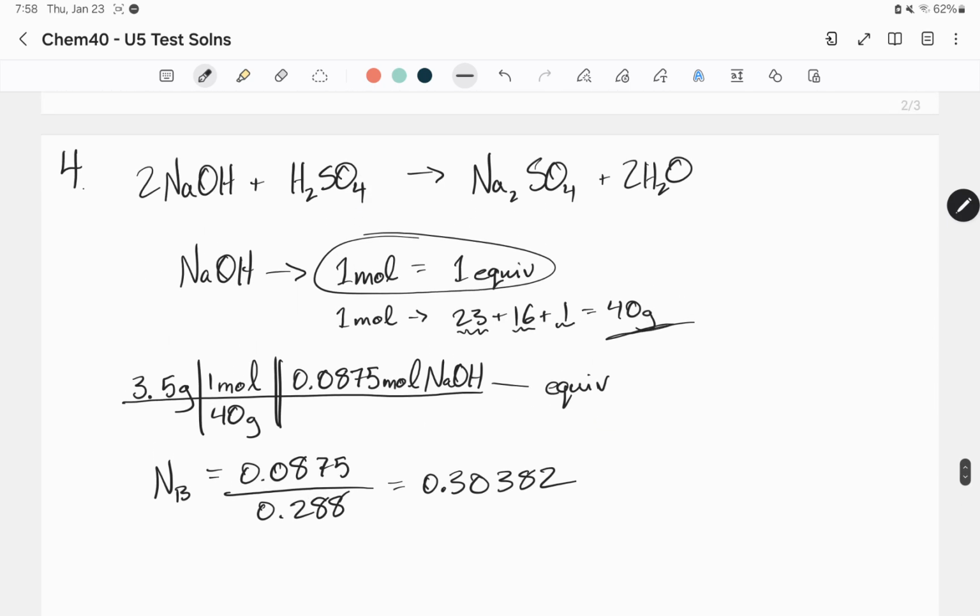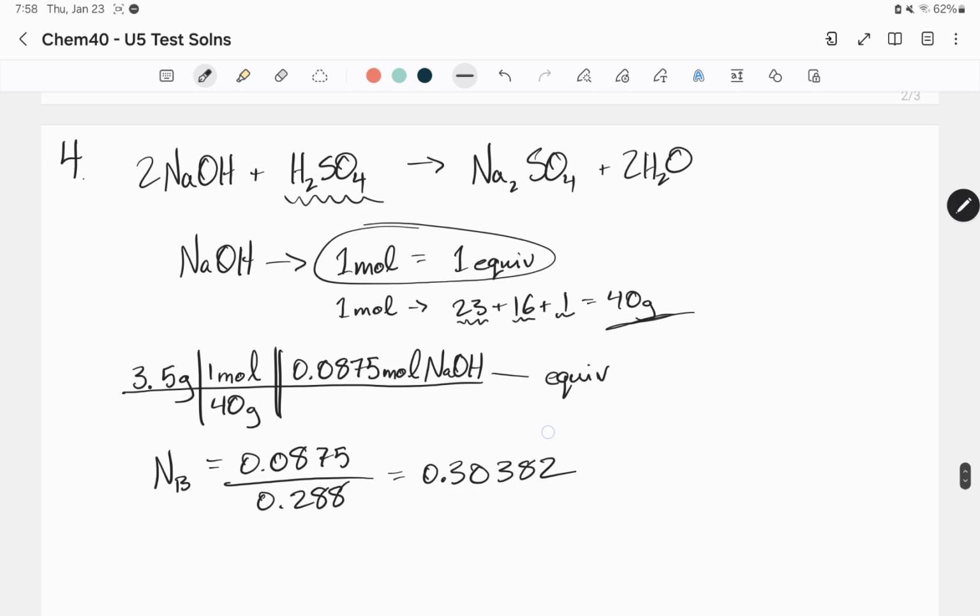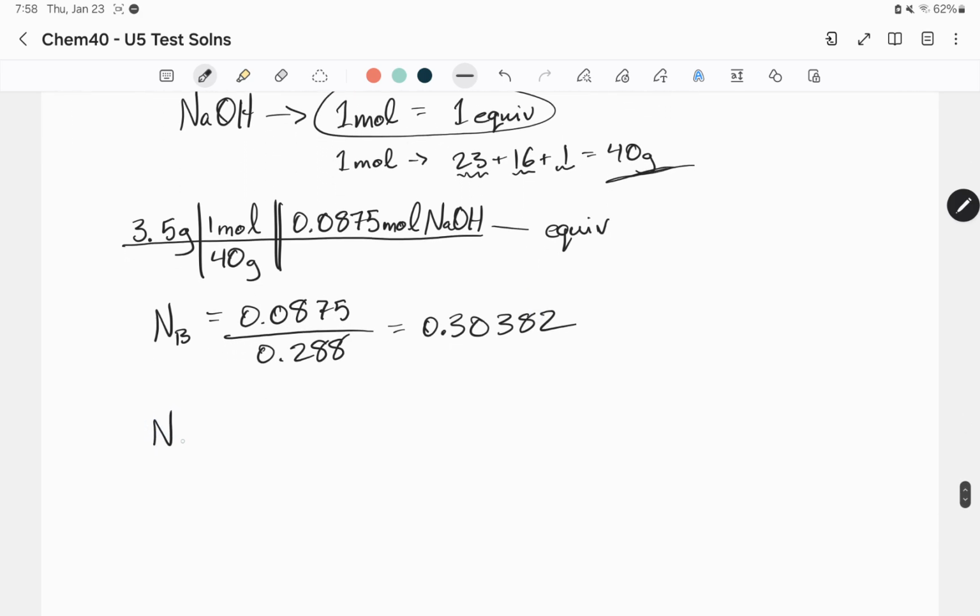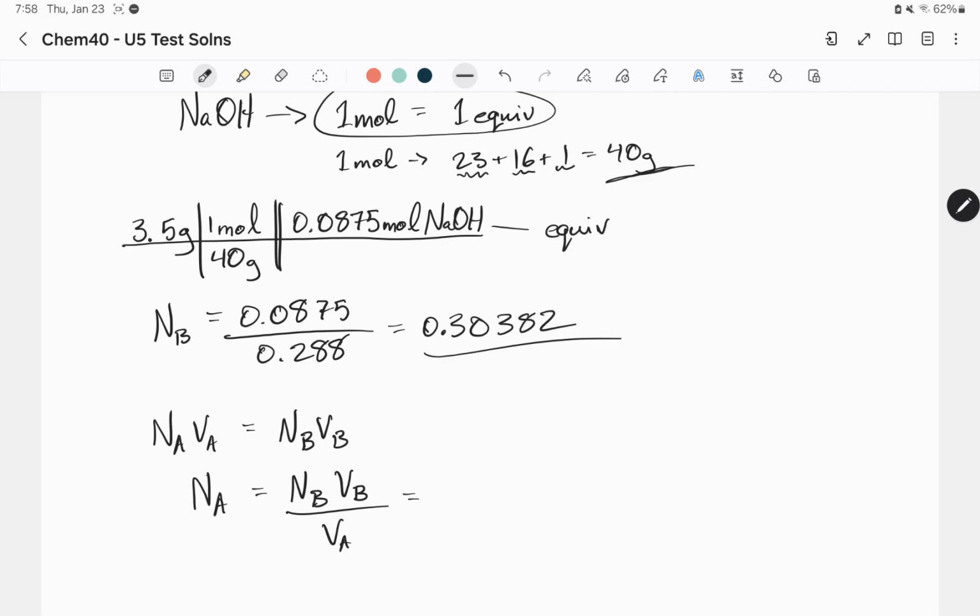The question is asking us what is the normality of this sulfuric acid. So we have NaVa equals NbVb, normality of the acid, same as last time. Normality of the base, we just established that, right? So I'm going to put 0.304 times the volume, 0.288.